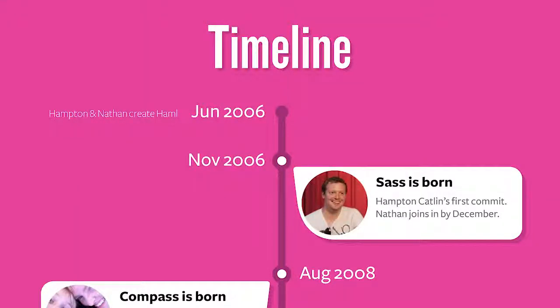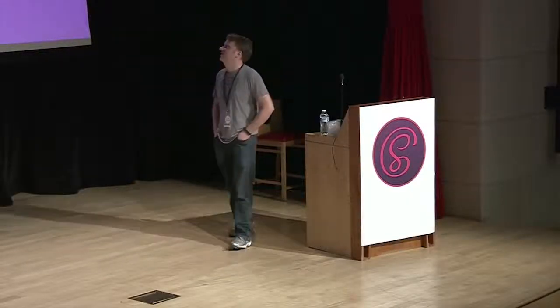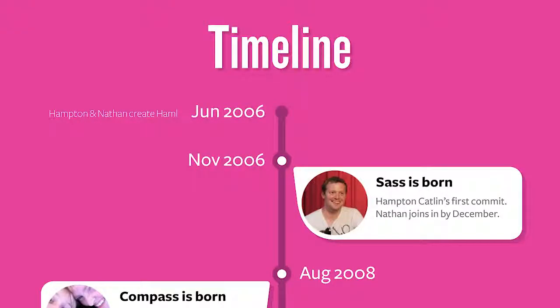So, Sass. Can you believe it started all the way back in 2006? That's like ancient history. It started off with Haml. In June of 2006, Haml was born. That was the first commit. Hampton has a habit of committing things at the end of the month.